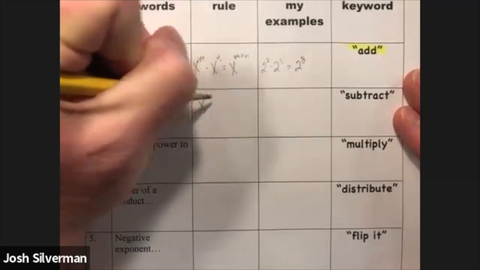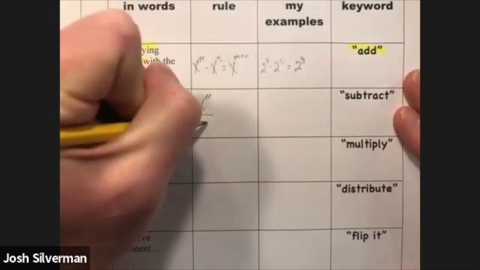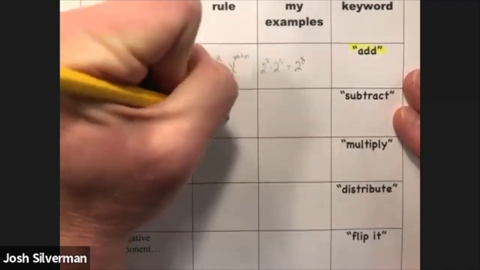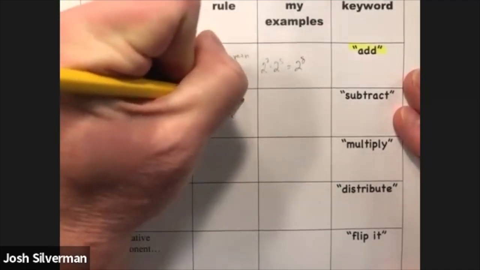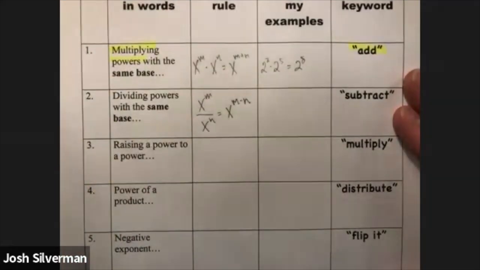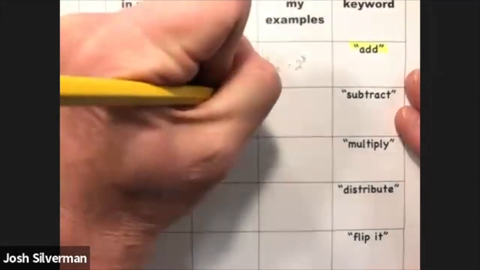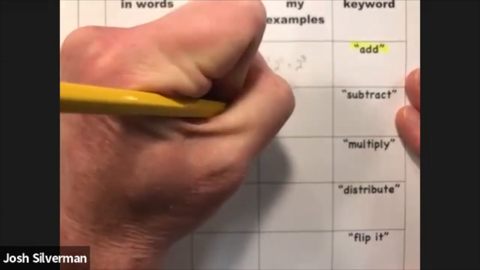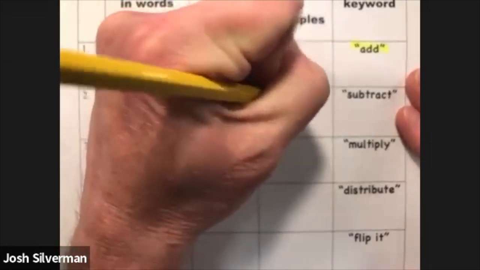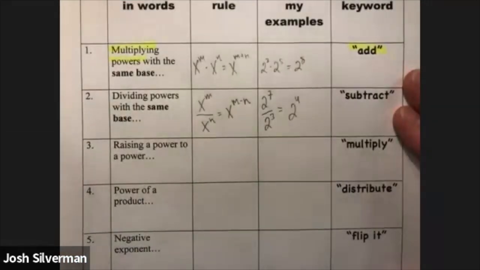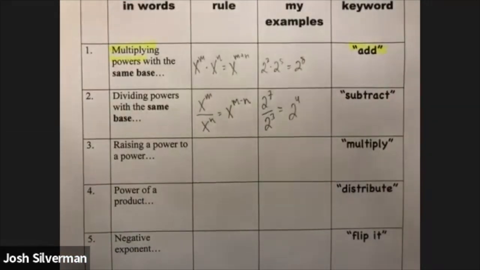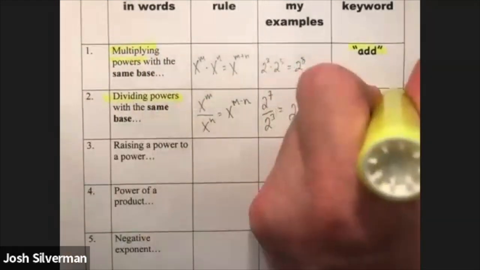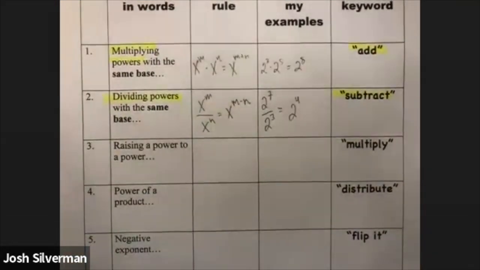X to the m divided by x to the n is x to the m minus n power. My example is 2 to the 7th divided by 2 to the 3rd is 2 to the 4th. When you are dividing powers with the same base, that's when you'll subtract.